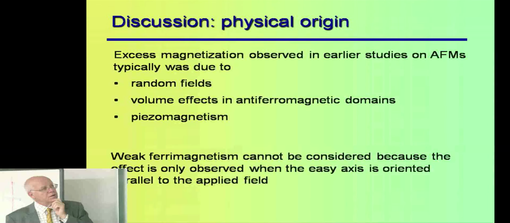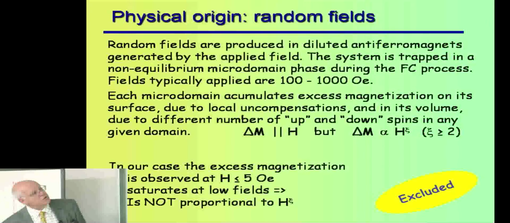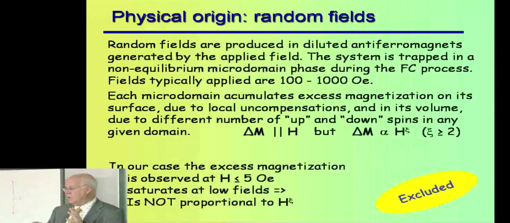So random fields. Random fields appear, rather high magnetic fields are produced in diluted antiferromagnets generated by the applied field. Then it's highly diluted, and the system is trapped in some metastable states, non-equilibrium domains, but you need a big field, much higher than the fields we are talking about.